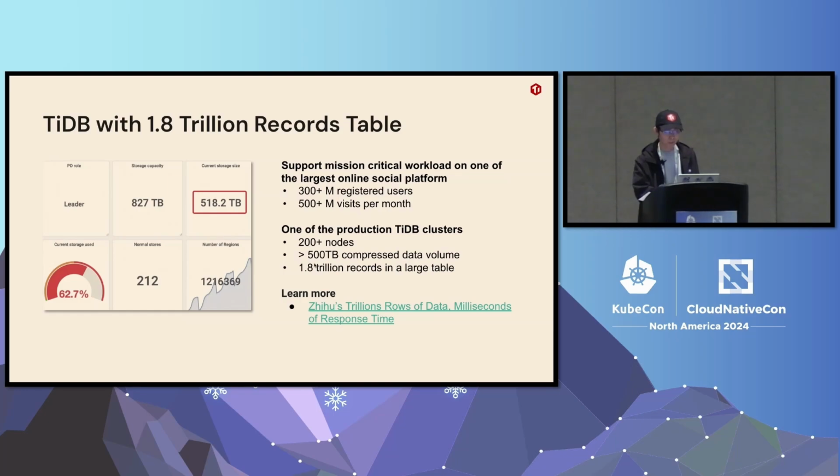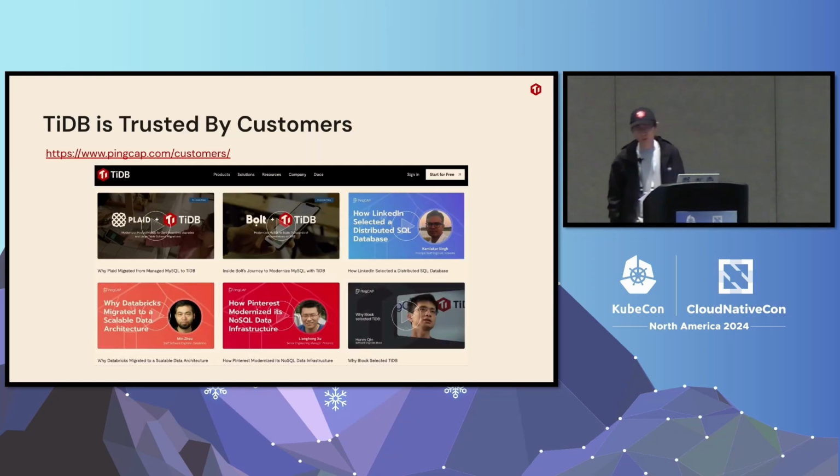And what impressed me is there are 1.8 trillion records in a single large table in this case. And TiDB is also used by some North American users like Databricks, Pinterest, LinkedIn, and Plaid. Plaid is a financial SaaS company.